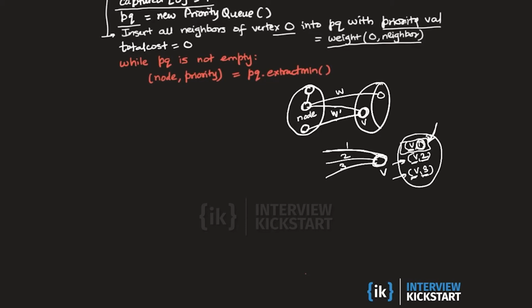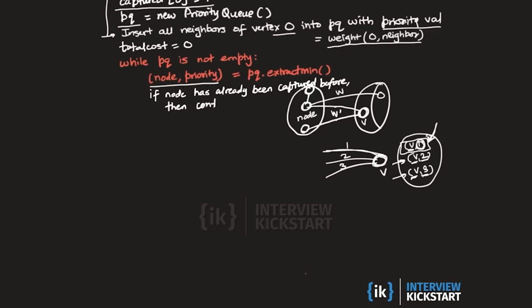So when we pop and we get this node comma priority value from the heap, we want to make an additional check here to see if the node has already been captured before. If the captured value of node is already 1, I'm just writing that in English here. In code you would say if captured of node is already equal to 1, then we don't care about this edge at all.